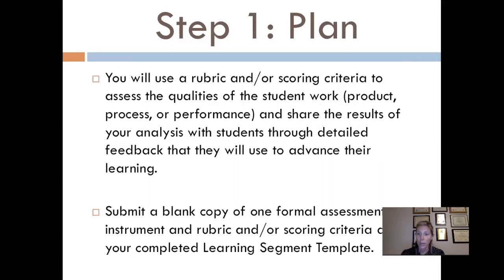Along with the other templates that you're submitting, those 3 templates I've shown you so far, you're also submitting a blank copy of the formal assessment and the rubric or scoring criteria that you plan to use. Okay, so that rubric, scoring criteria, checklist that you're using, along with your completed learning segment template.